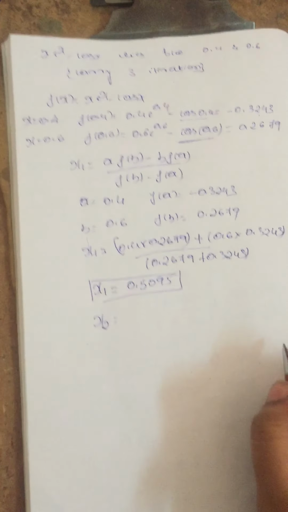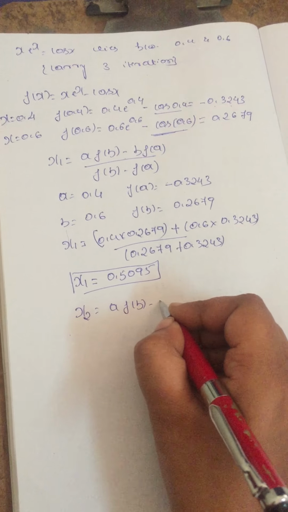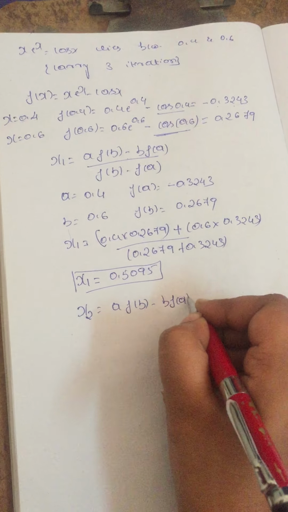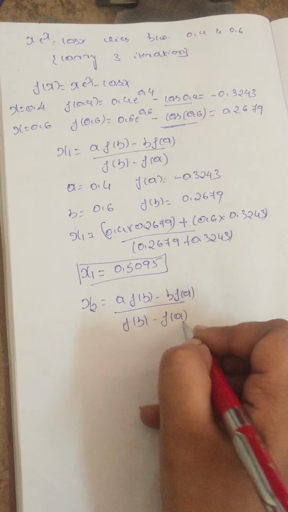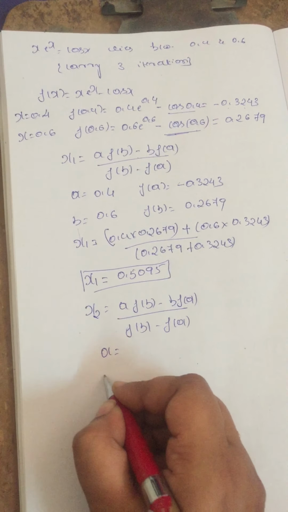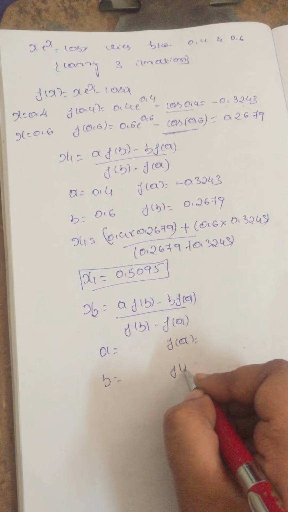Second iterative value x2. x2 is equal to a into f of b minus b into f of a divided by f of b minus f of a. So again we choose a, b, f of a and also f of b.